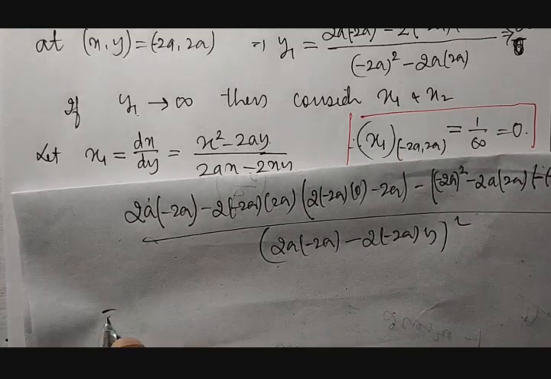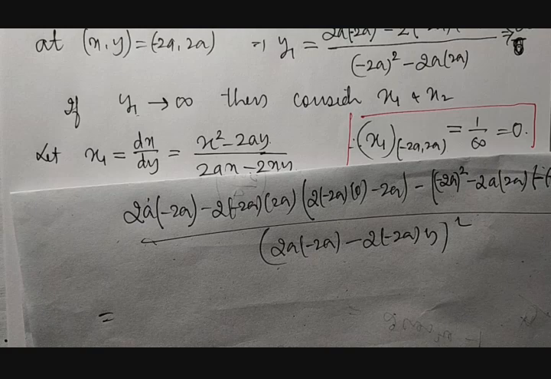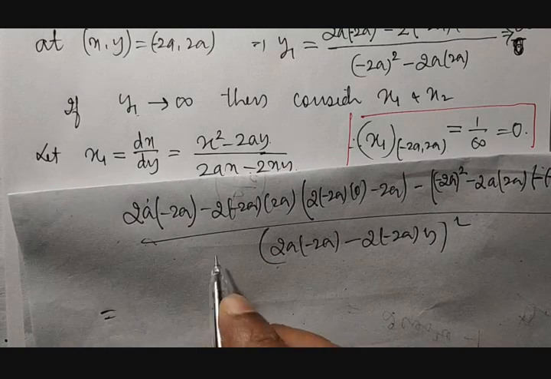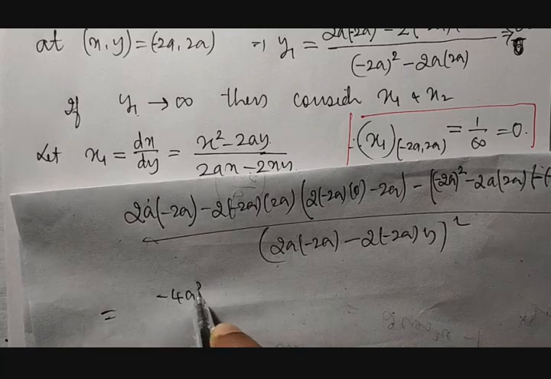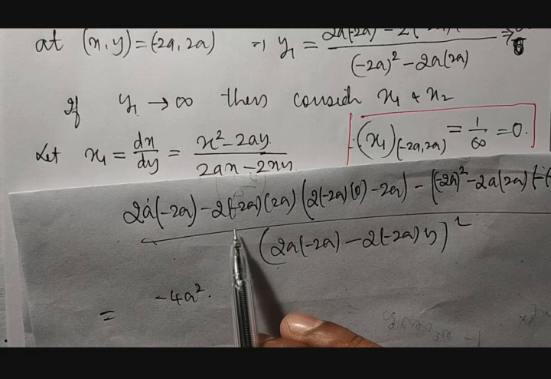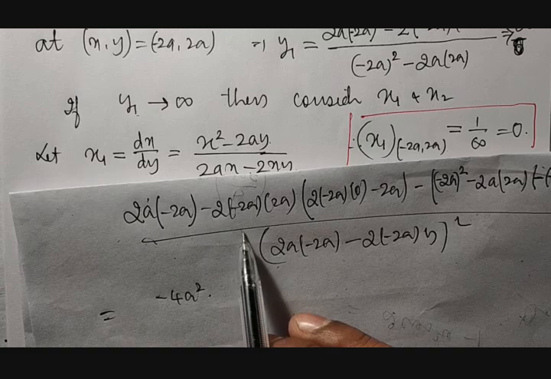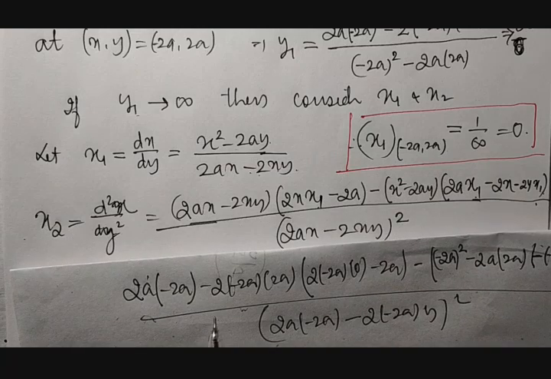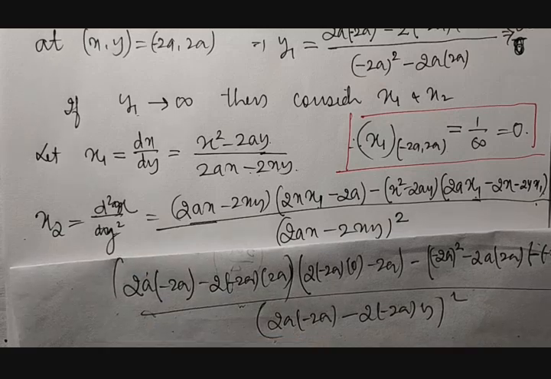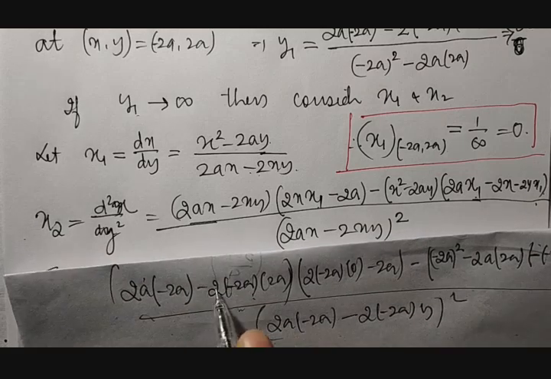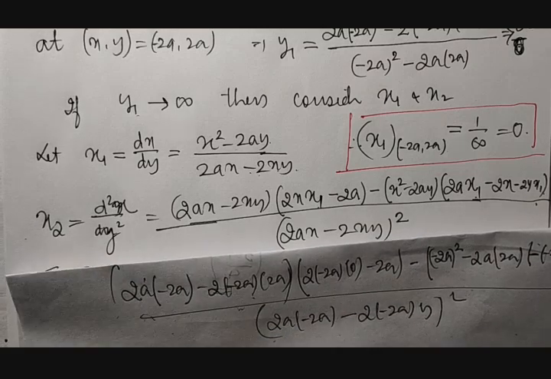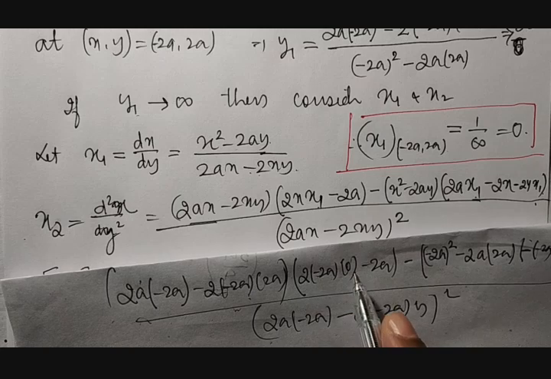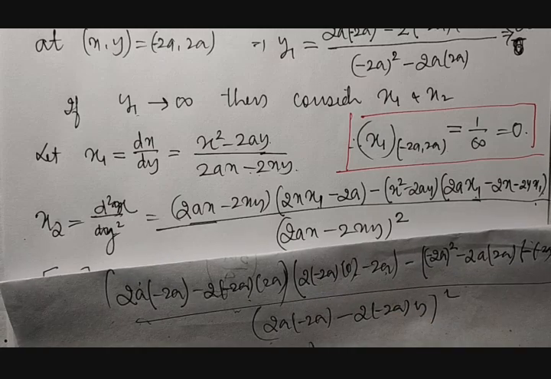Fine. So if you calculate, this is equal to minus 4a square. Okay, minus 4a square. Then I'll put a bracket here. Minus 4a square, and it is minus of minus plus 8a square into, this is 0 and this is minus 2a.